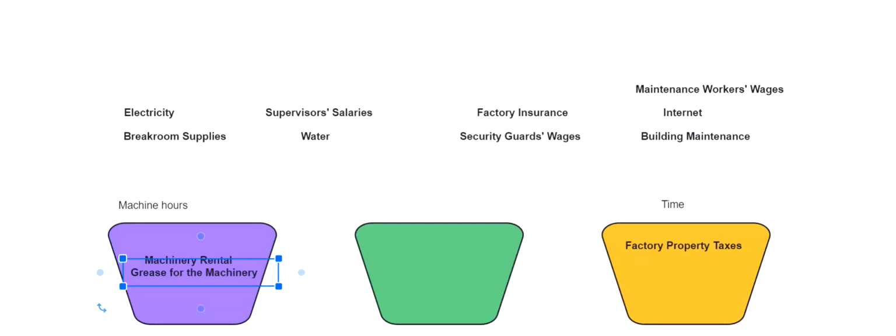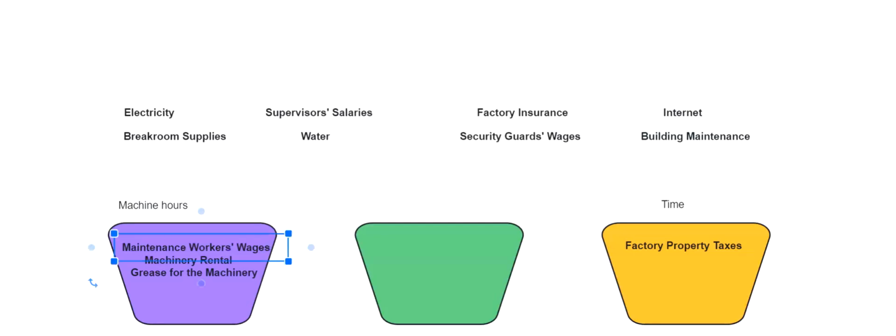Well, it's a variable cost because wages are variable based on time. So what do we think about that? Is that going to be based on time? Is it going to be based on machine hours, or might it be based on something else? I think the maintenance might be based on the machine, since the maintenance is on the machinery. So we're going to go ahead and put it over here in the purple bucket as well.